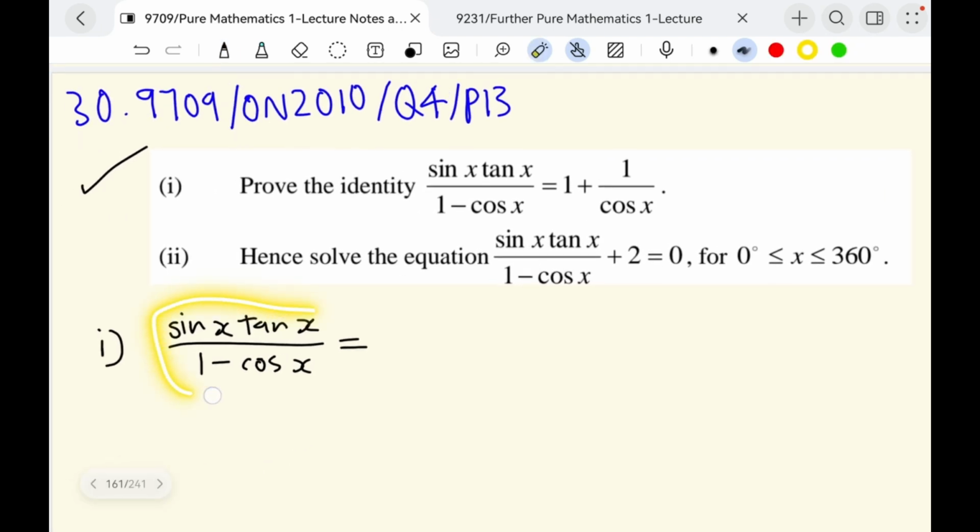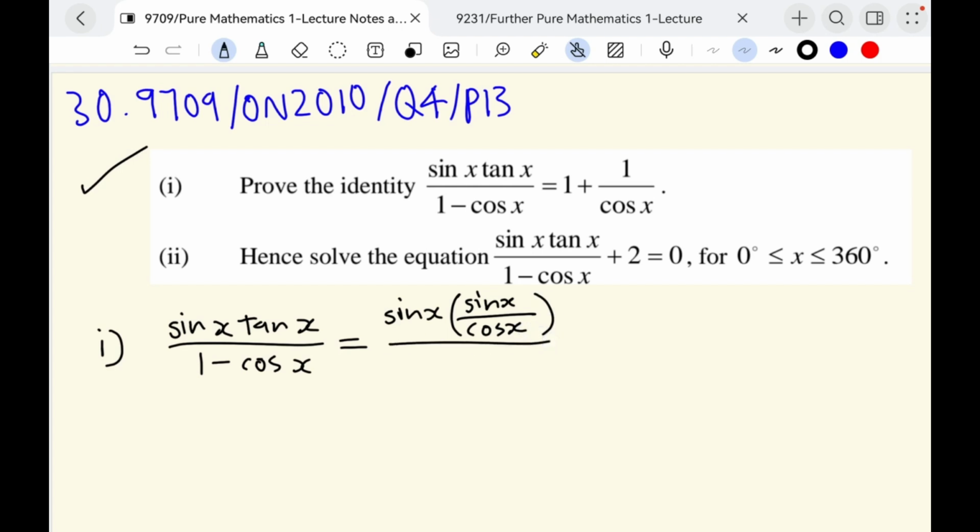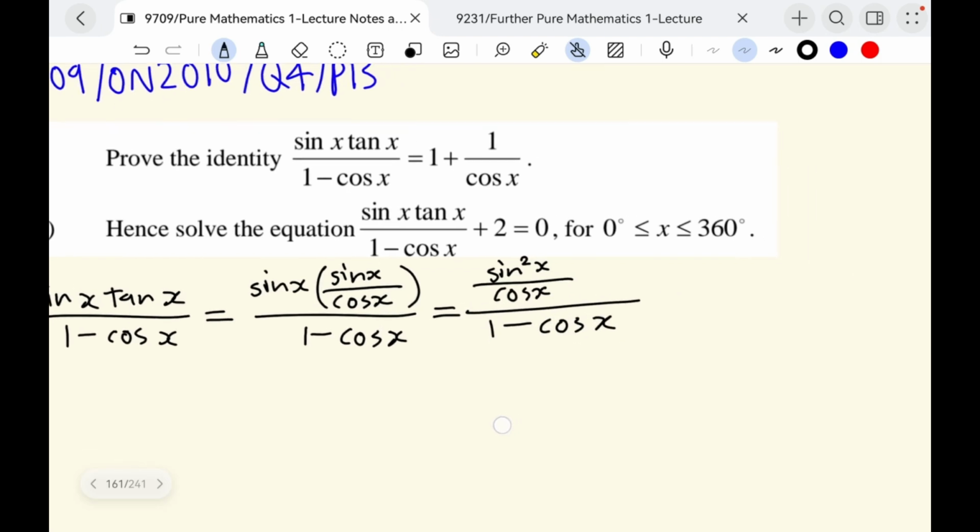We can't just directly simplify here, but instead, what is tangent x? Ask yourself. It is sine over cos, right? So what you will get is sine square x divided by cos x, and then divided by 1 minus cos x.